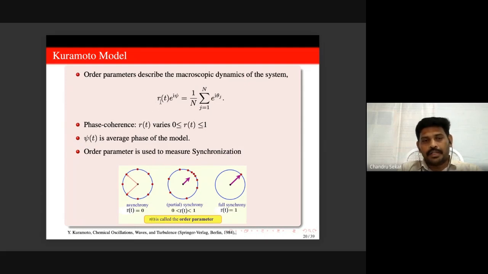Here R is called phase coherence and psi is called the average phase of the model. Here R varies from 0 to 1. Based on the value, it gives the synchronization inside the system.